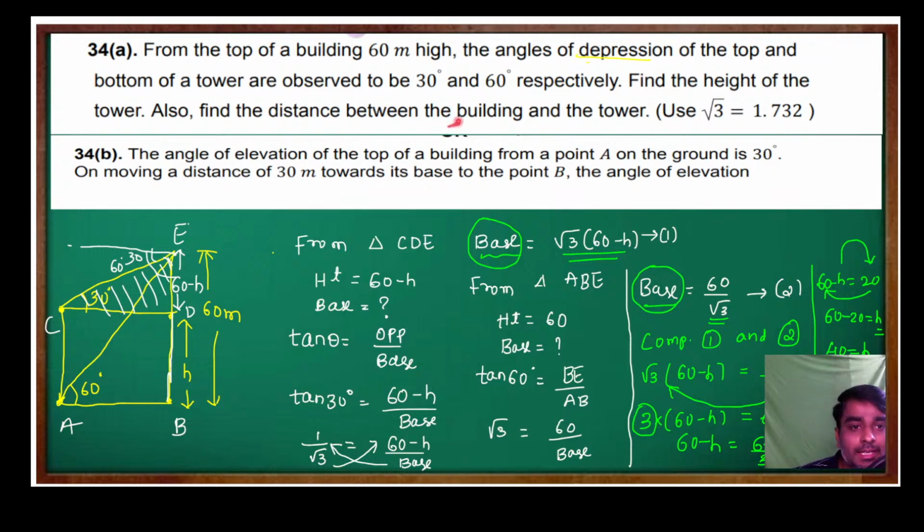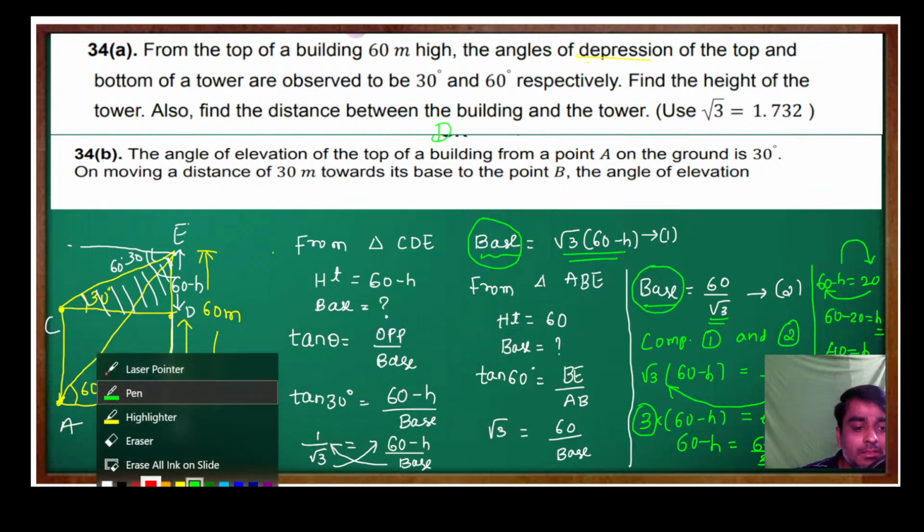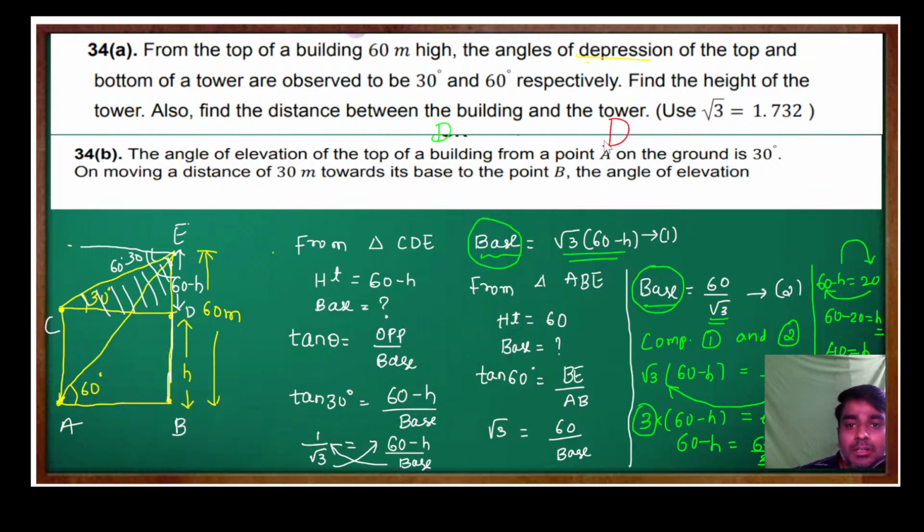So the second part I will write here only, you can see. Distance here will be equal to 60 by root 3, which is AB. Here we have, this is only AB part. 60 by 1.732.